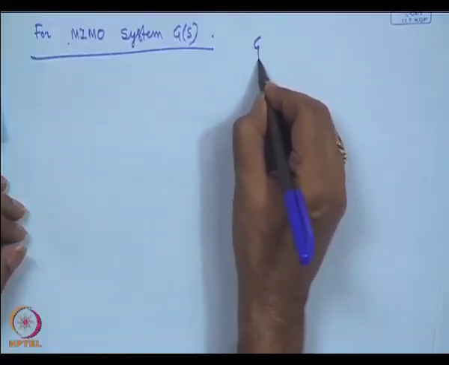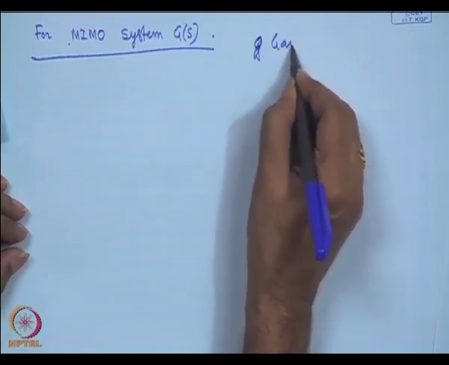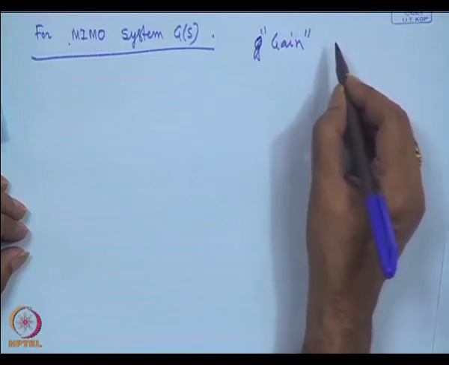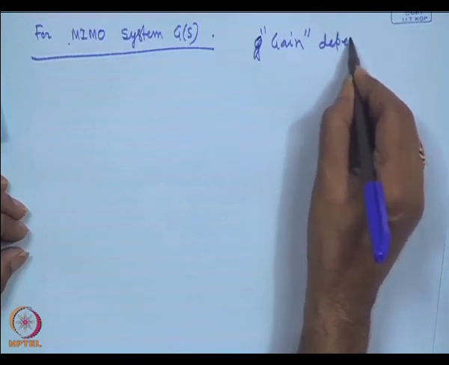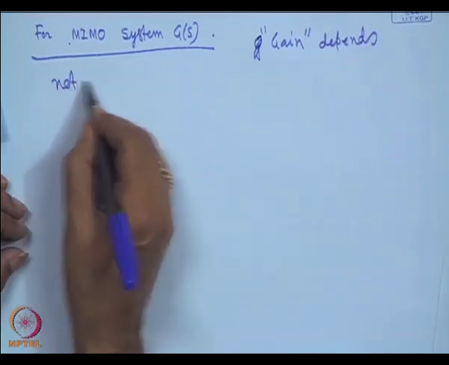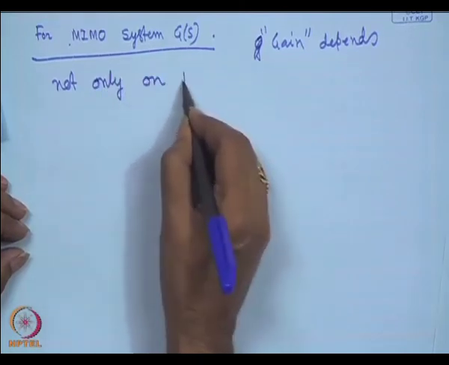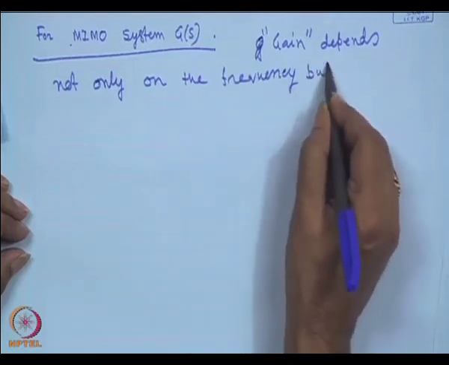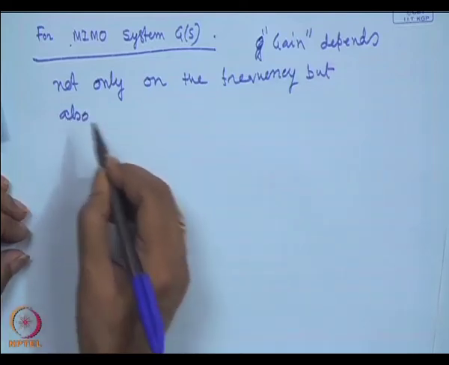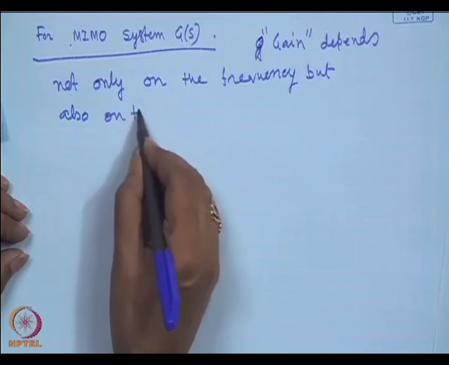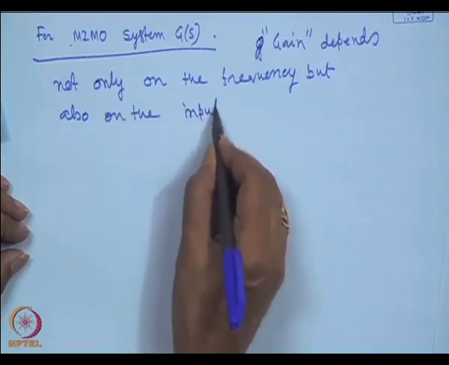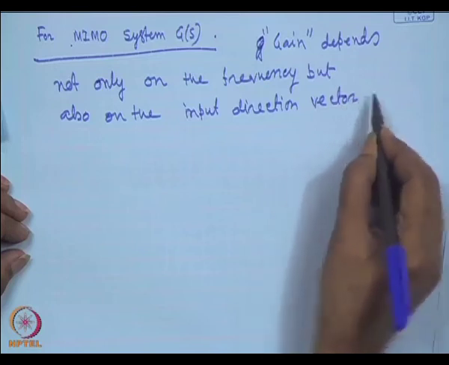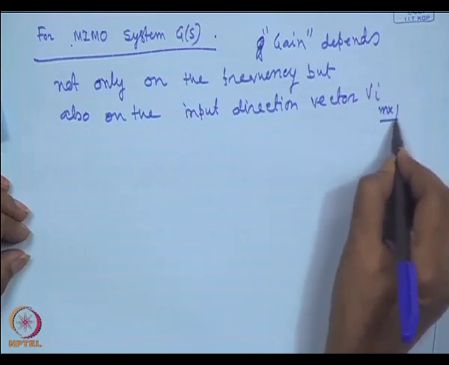So we can write: the gain of a multi input multi output transfer function system depends not only on the frequency, but also on the input direction vector V_i, whose dimension is m cross 1.